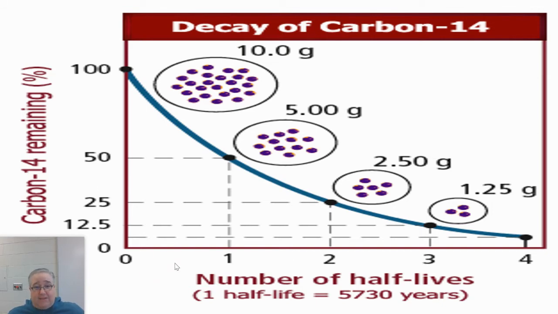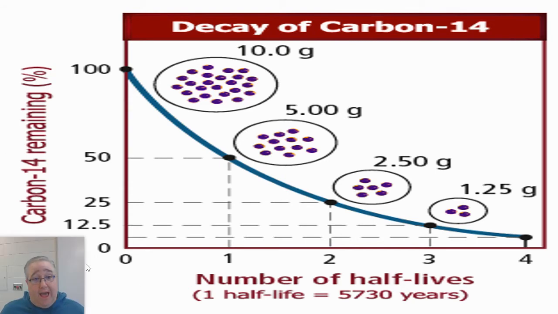On the x-axis, it's showing you the number of half-lives. So we start with 0, then one half-life, which is 5,730 years, then the second half-life, which is another 5,730 years, on and on. On the y-axis, we have the percentage of carbon-14 that remains.